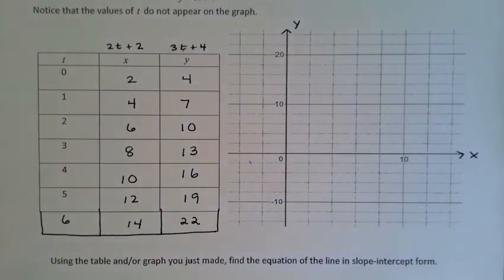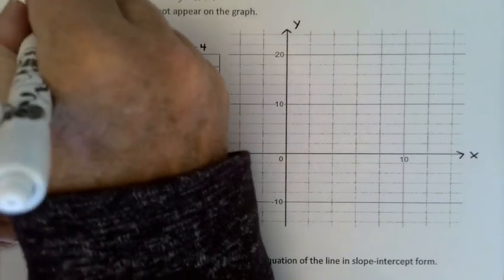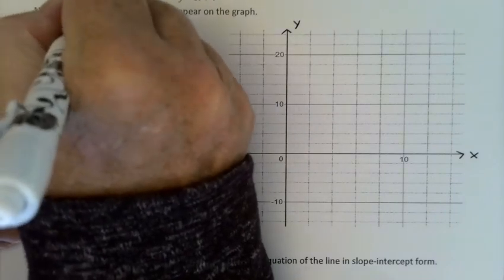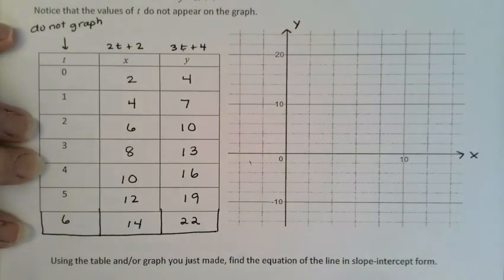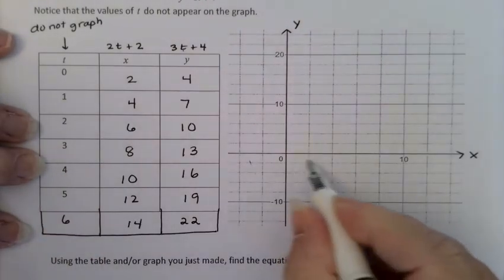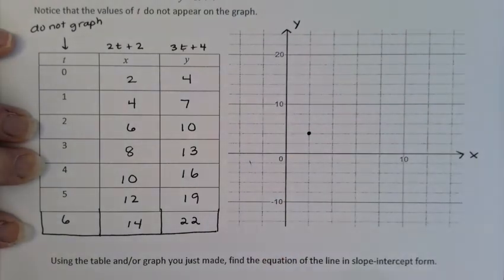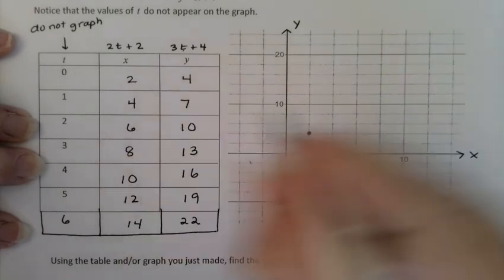Okay. All right, let's go ahead and plot the points, x comma y. Again, the t's do not appear on the graph. Just the x's and the y's. So my first point is 2, 4. I think these are labeled by 2's. Yeah, so 2, 4 would be right there. And the next point is 4, 7.